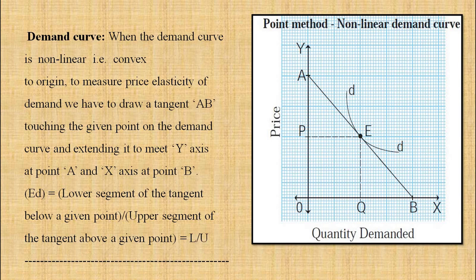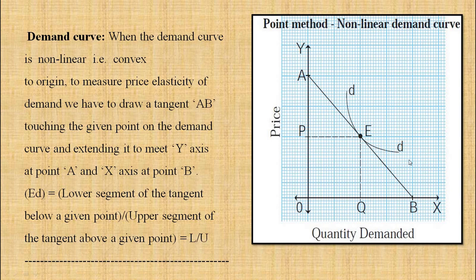Look at the diagram. When the demand curve is non-linear, that is convex to the origin, to measure the price elasticity of demand, we have to draw a tangent AB touching the given point on the demand curve and extending it to meet the y-axis at point A and the x-axis at point B. E is the given point on the demand curve.